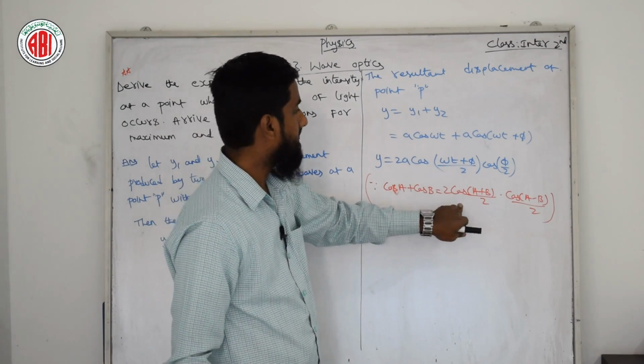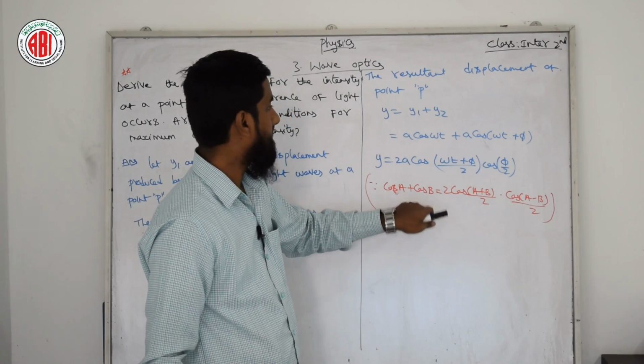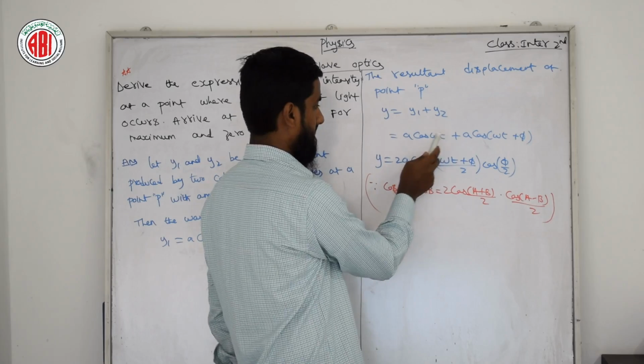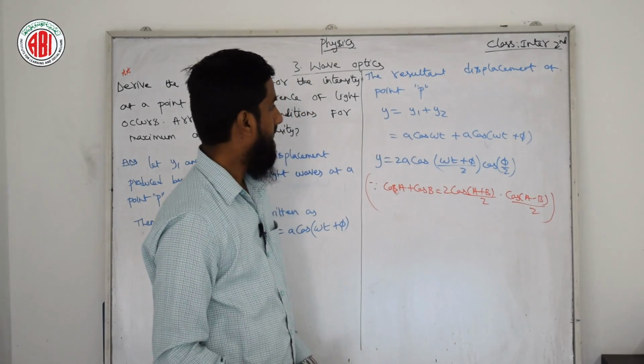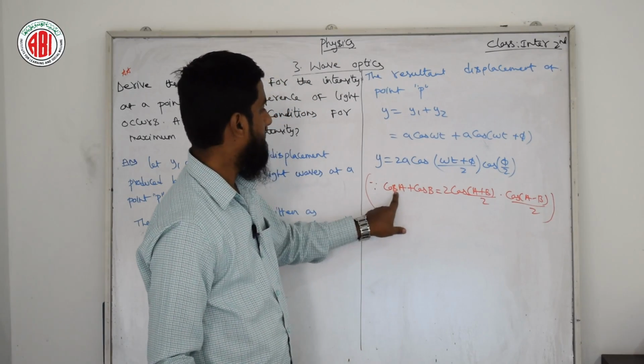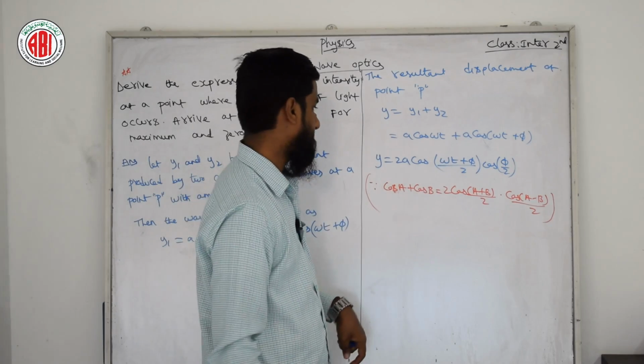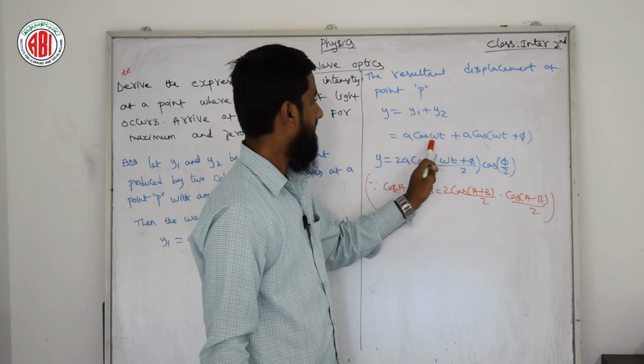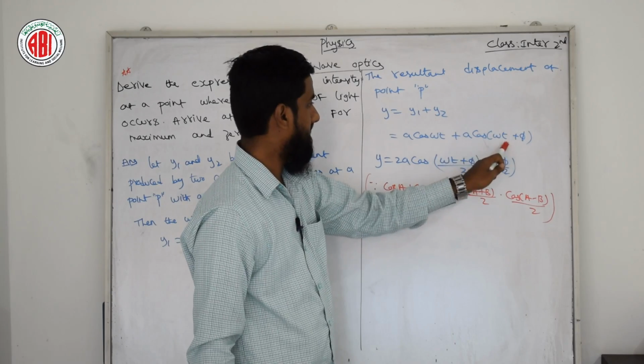Here we have a as omega t and we have b with us. This is cos a plus cos b we are considering.